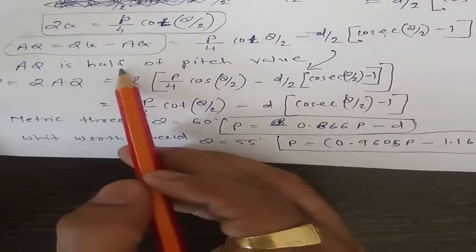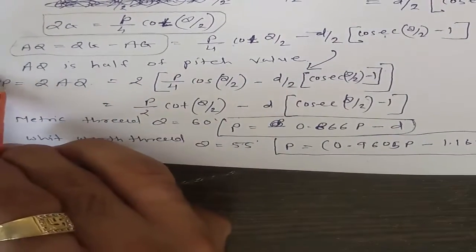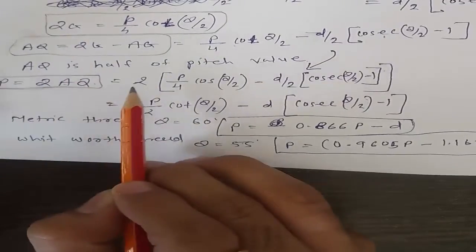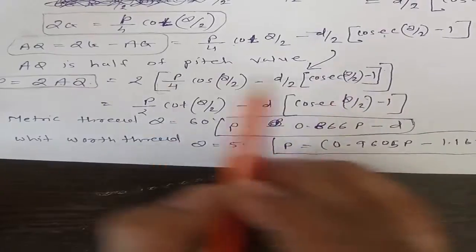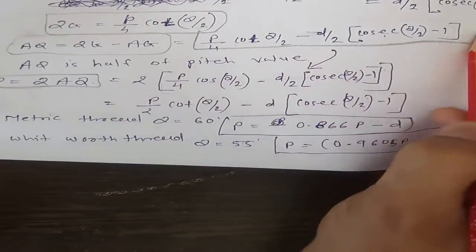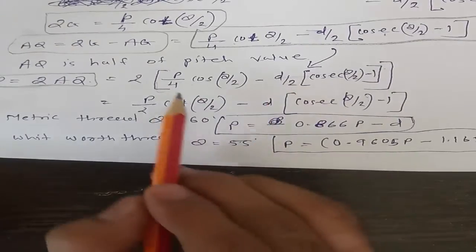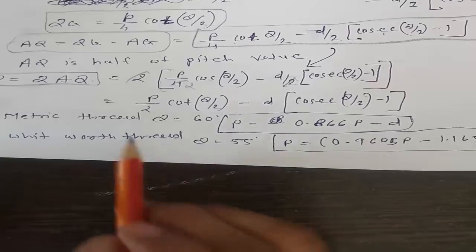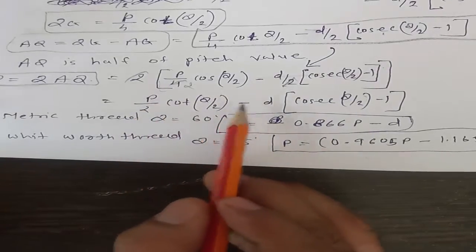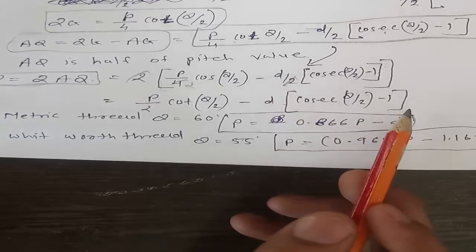Now AQ is the half of the value, since P is equal to 2AQ. So 2 bracket, AQ: P by 2 cot theta by 2 minus D bracket cosec theta by 2 minus 1 bracket.